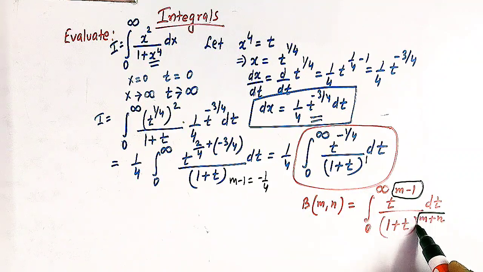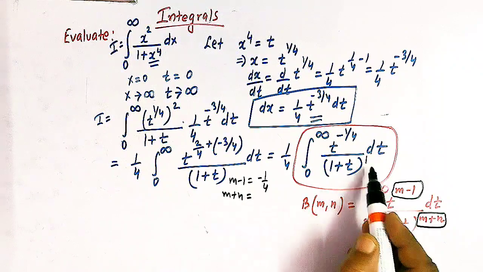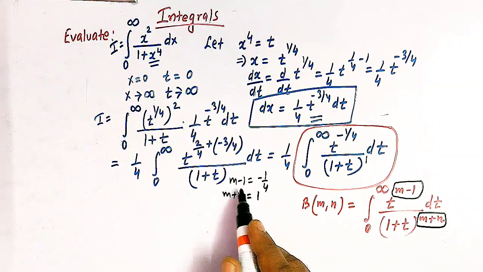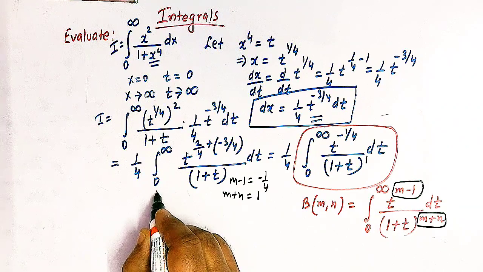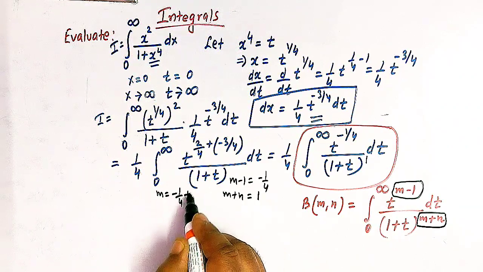So m plus n may be written as equal to 1. So now we have two equations and we can find out the values of m and n. So m is given by minus 1 by 4 plus 1.